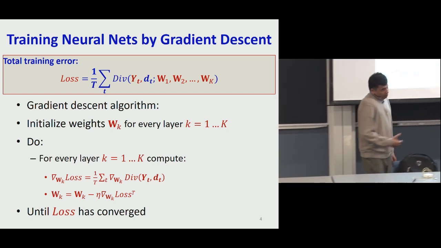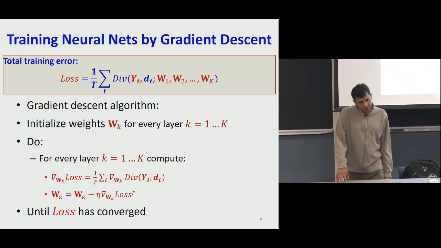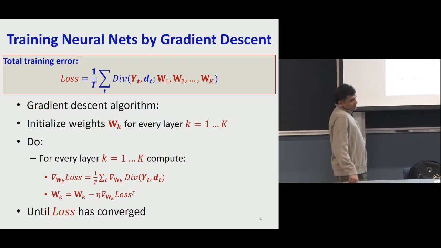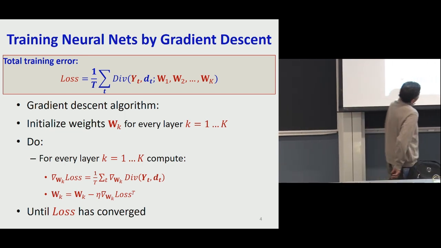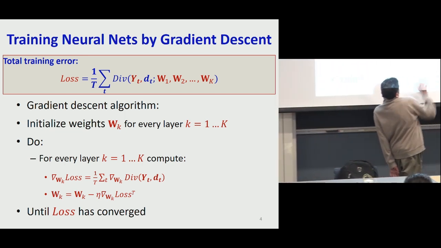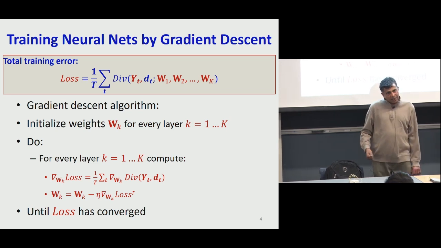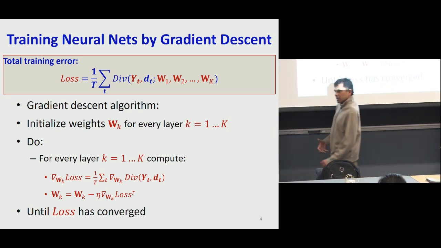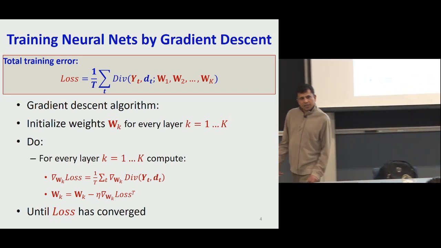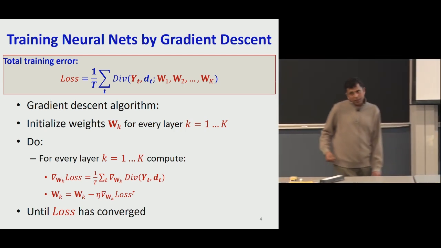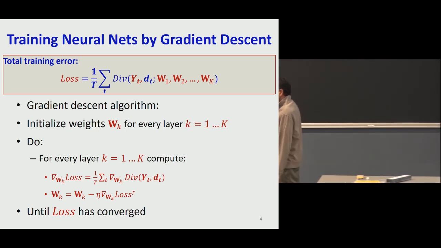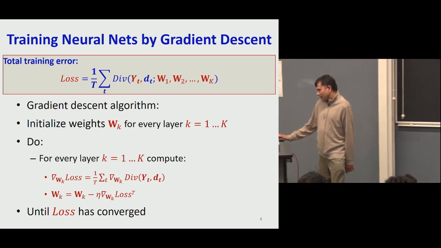For every training instance, you're going to go through the data and compute the derivative of the divergence with respect to the parameters of the network, and you would aggregate this over all of your training instances to get the derivative of the loss itself. And this you can just plug into your gradient update rule, right?